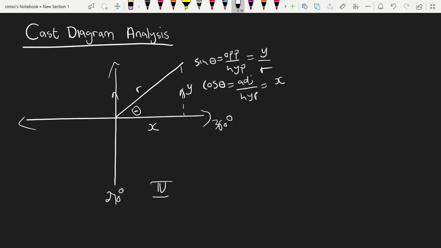What's the adjacent? X. Hypotenuse is r. And the tan of theta, which is opposite over adjacent, what's the opposite? Y over x.